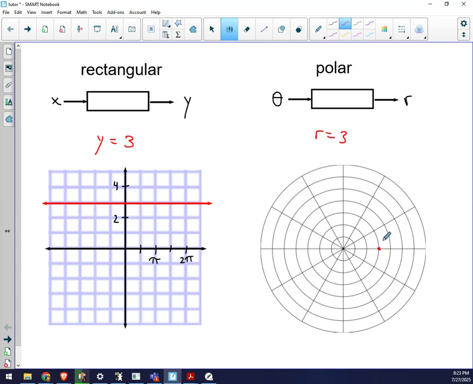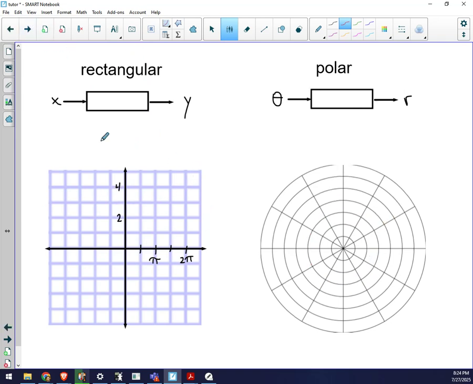So here's a point where the radius is 3. Here's another point where the radius is 3. Here's a point where the radius is 3. It's just a circle on the polar coordinate plane. Boom. This is the polar equivalent of y equals 3.